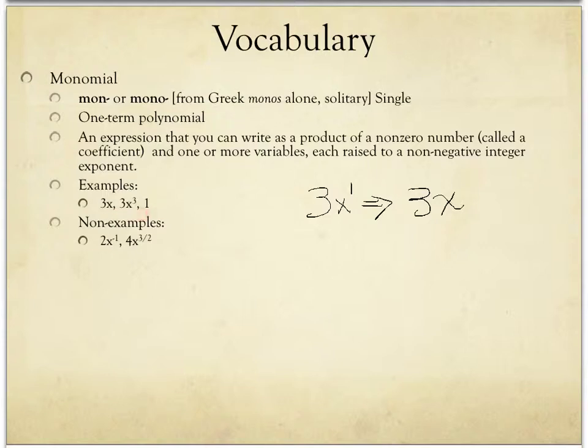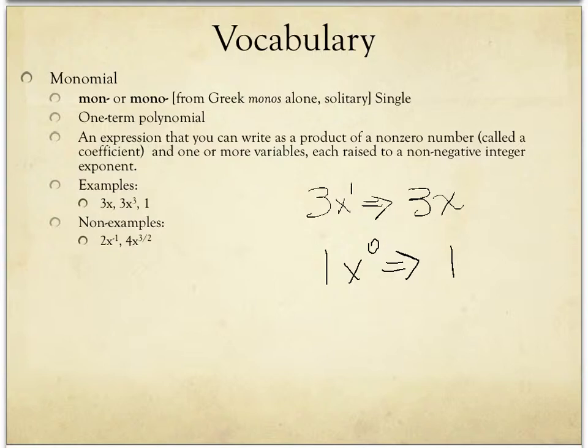But what about 1? I'm giving this as an example, and 1 would really be 1x to the 0 power, and anything to the 0 power is 1. And notice we said it was a non-negative power, okay? So 1 is actually a monomial. 2 is. Any integer is a monomial.